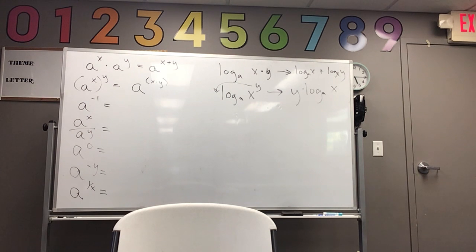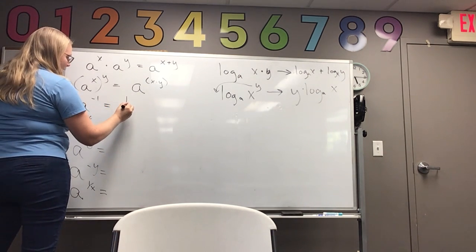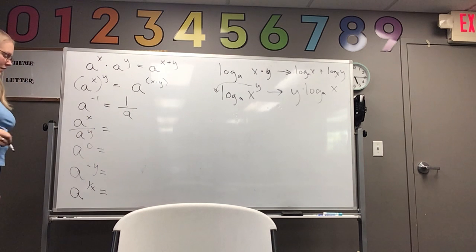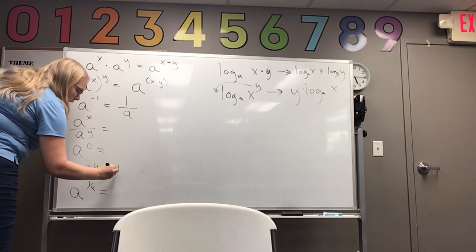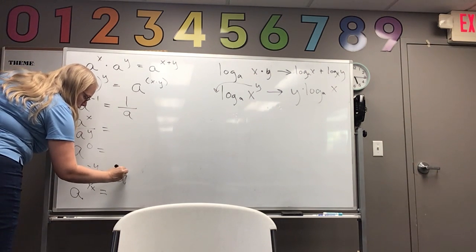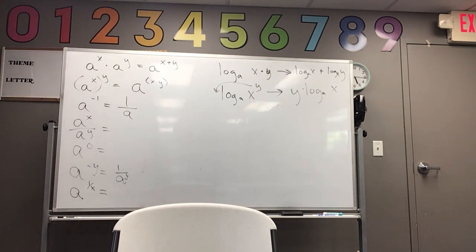A to the negative 1, what does that do? It puts it in the denominator. So we have 1 over a, and in the exact same way, a to the negative y is just 1 over a to the y power.